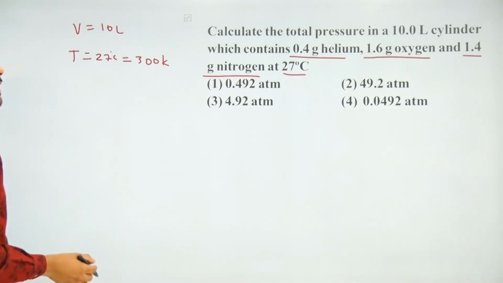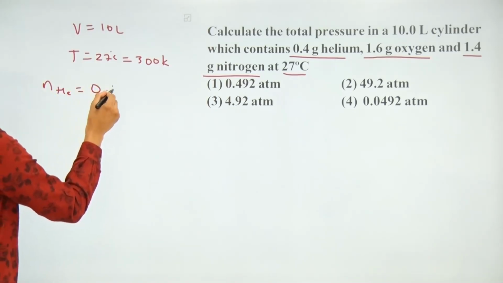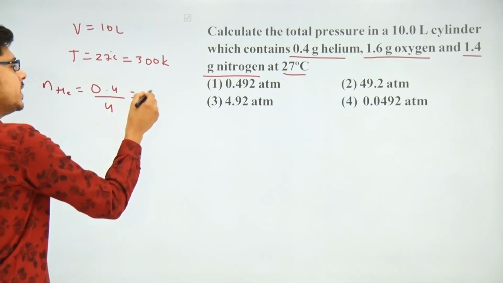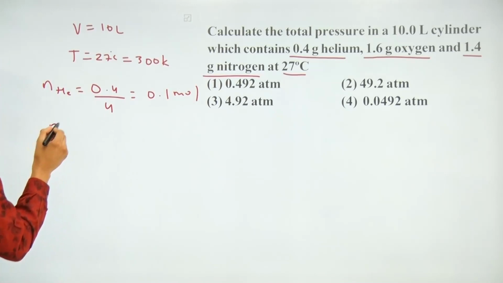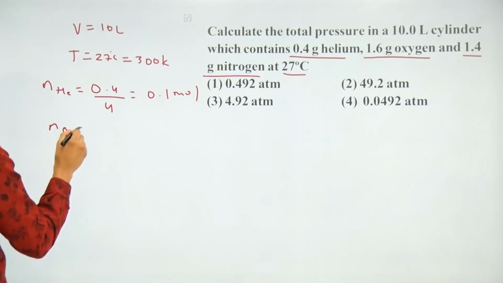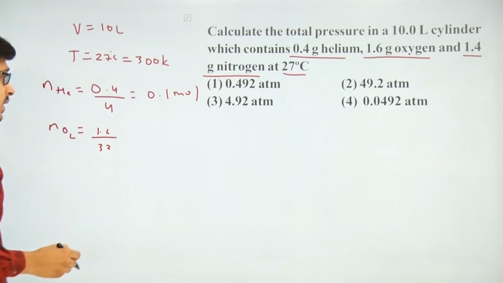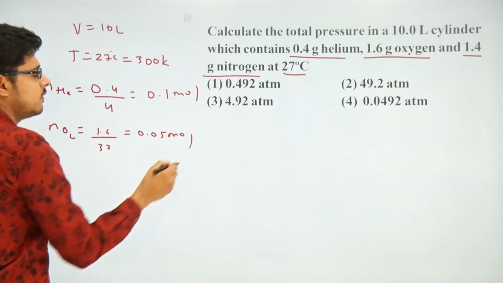Now the number of moles of helium first. Number of moles of helium, it is given mass 0.4 upon the molar mass, that will be 4. So this will be 0.1 mole. Now number of moles of oxygen, O2, so this will be 1.6 given mass divided by 32, and that is coming out to be 0.05 moles.